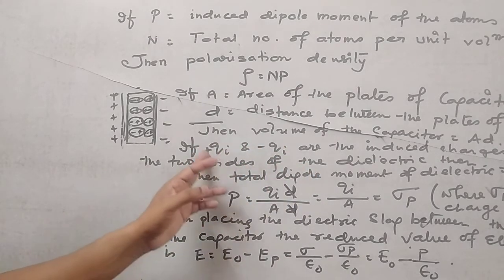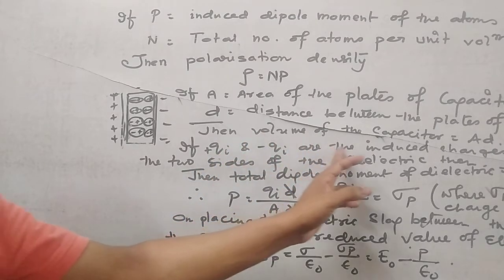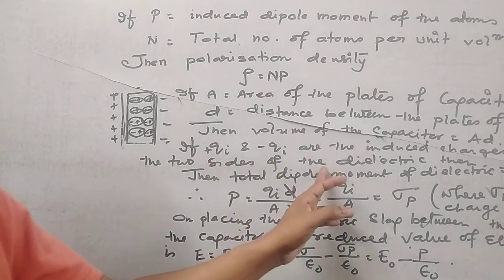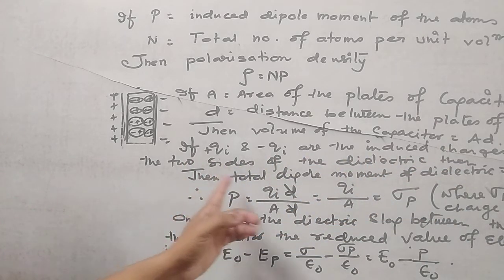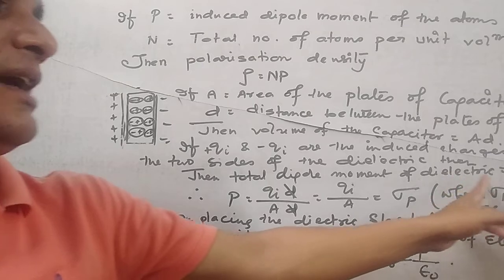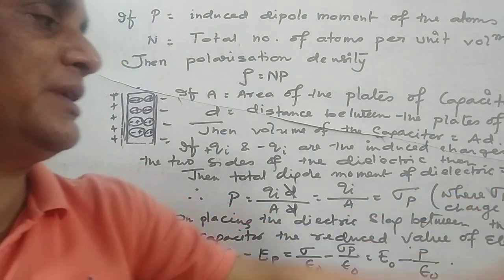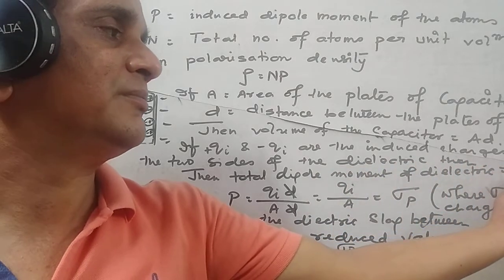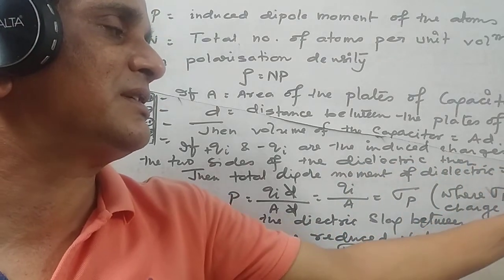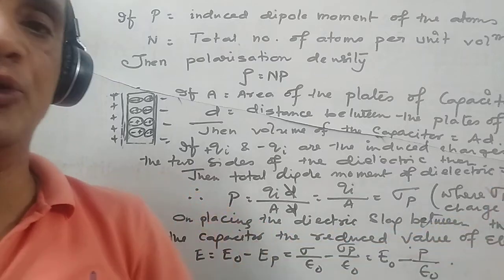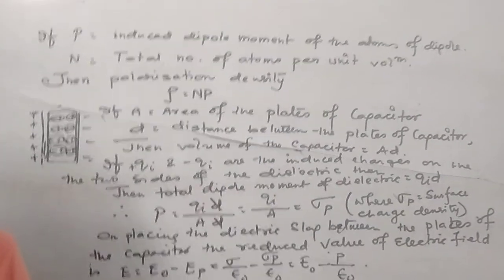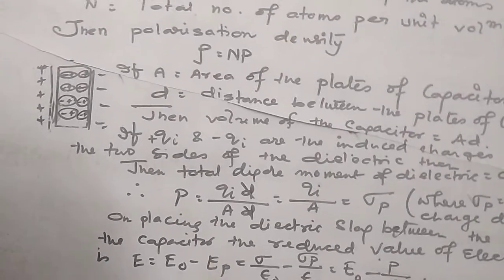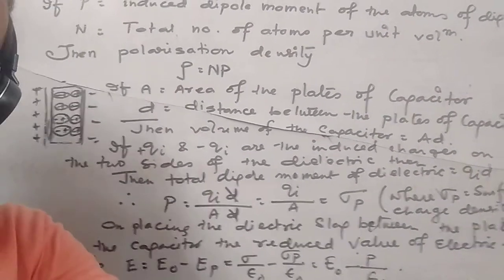Then the total dipole moment of the dielectric is equal to Qi into d. Is it clear? Dipole moment is generally the product of the charge and the distance, so Qi into d is the dipole moment.